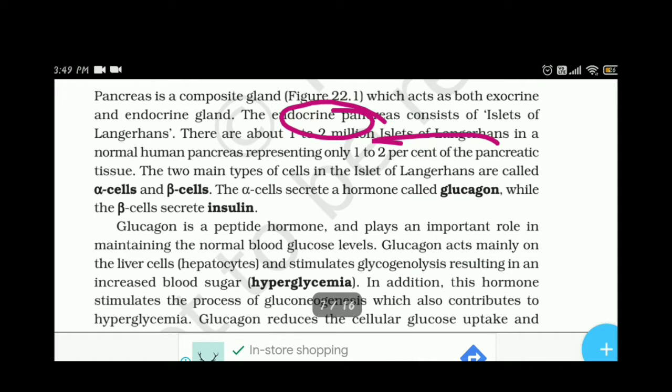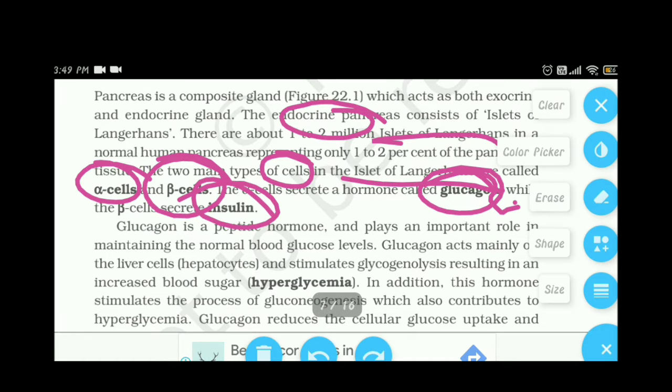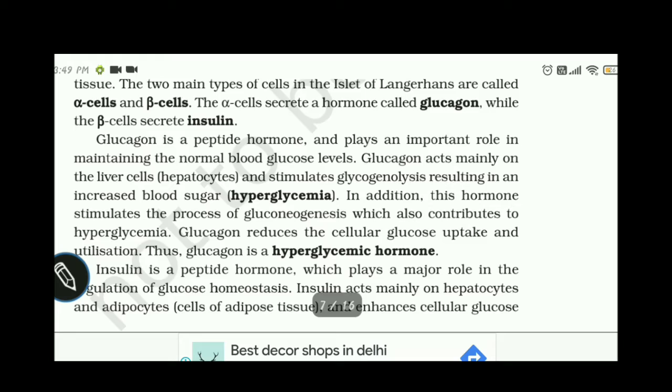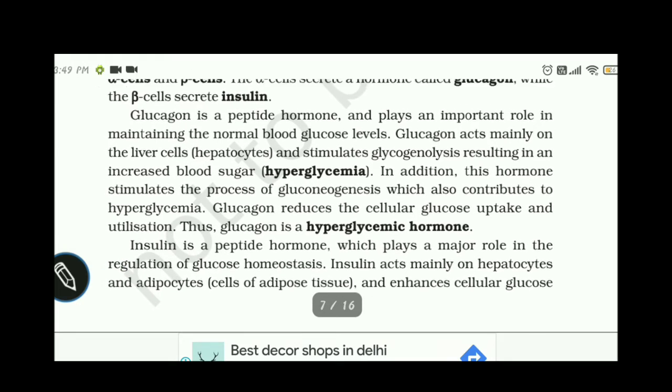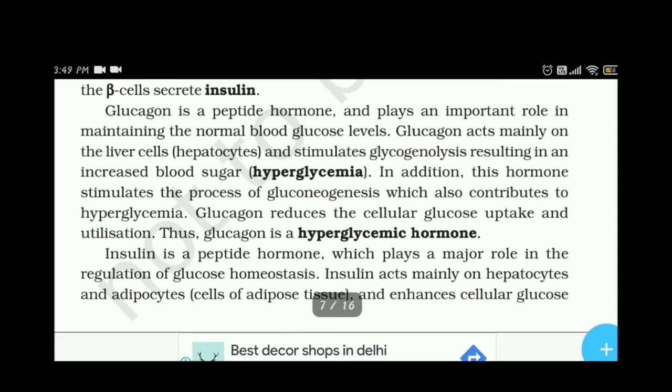We have two main kinds of cells in the islets of Langerhans: alpha cells and beta cells. Alpha cells secrete glucagon, and beta cells secrete insulin. Glucagon is a peptide hormone and plays an important role in maintaining the normal blood glucose level.